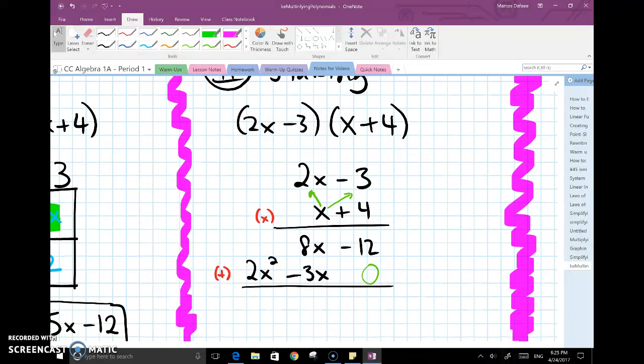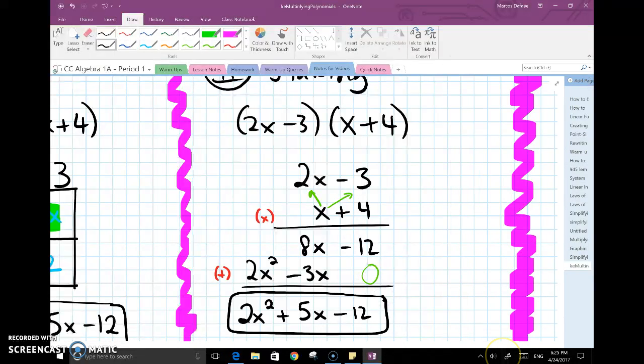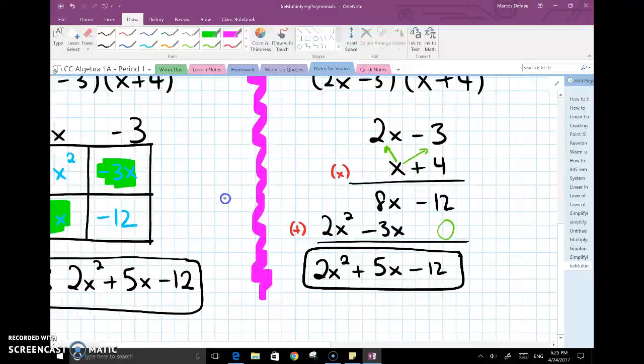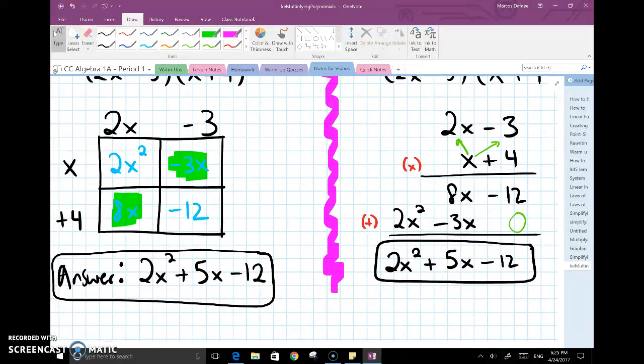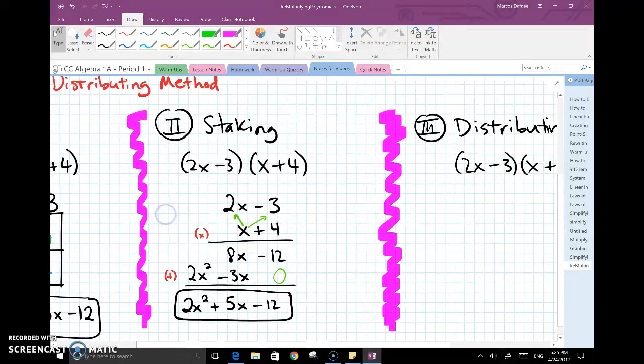So this would give me 2x to the second power, followed by a positive 5x, followed by a negative 12, and that would be my answer. Okay? If you notice, this answer is the same as the one we had the first time, because it should be. Even though the methods are different, the outcome is supposed to be the same.